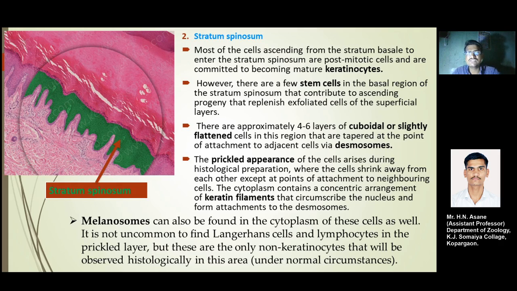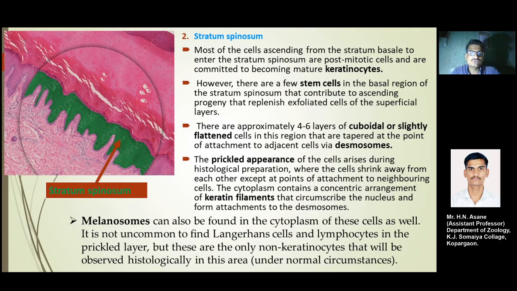Quite a few stem cells are present in the stratum spinosum, which go again into mitotic divisions and produce cells. But these cells go to the mature stage, convert into keratinocytes, and produce keratin.